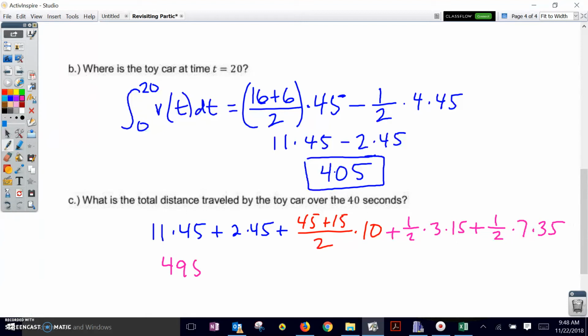This is 495, this is 90, this is, let's see, 30 times 10 is 300. This is 45 over 2, and this is 245 over 2.